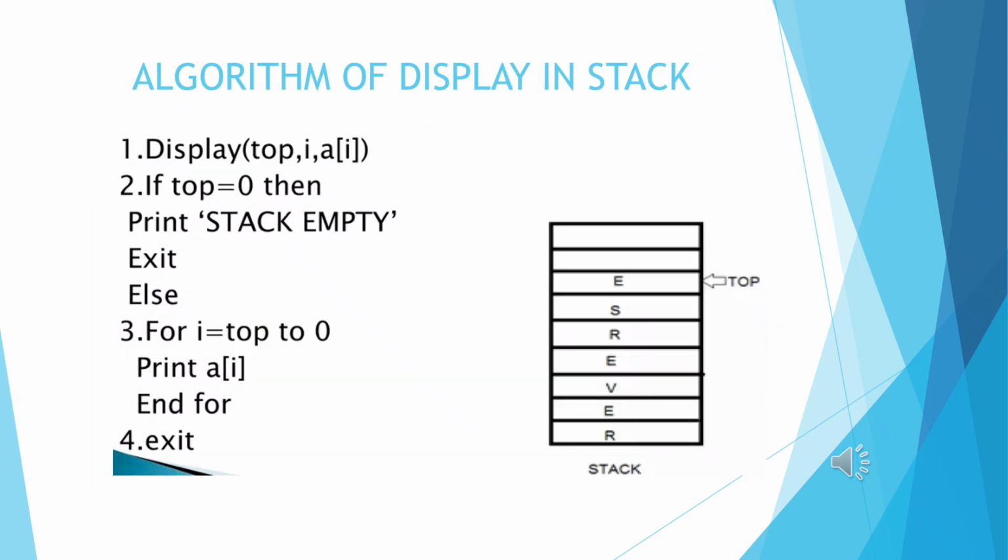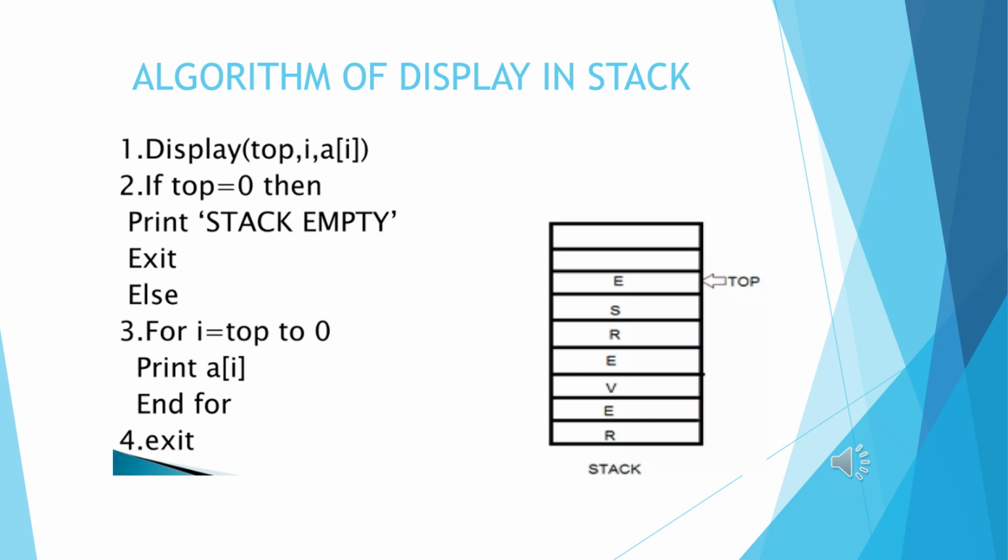Now the algorithm for display in a stack. The display operation is used to print all elements currently present in the stack from top to bottom. We start with the display function. Here top indicates the index of the topmost element, A of I means the array used to store the stack elements, and I means the loop variable.